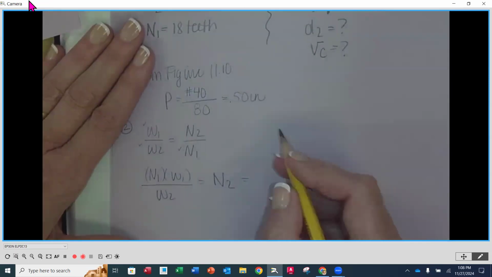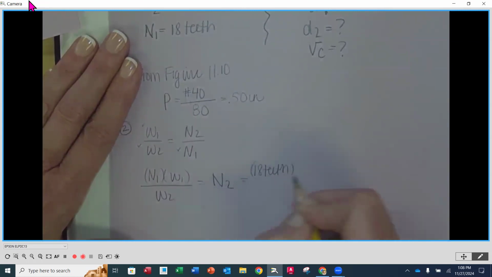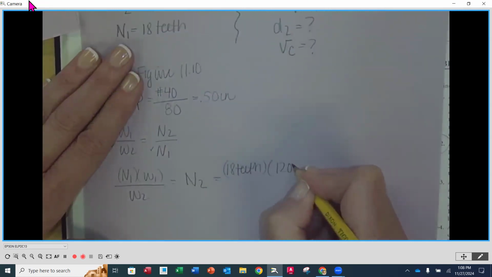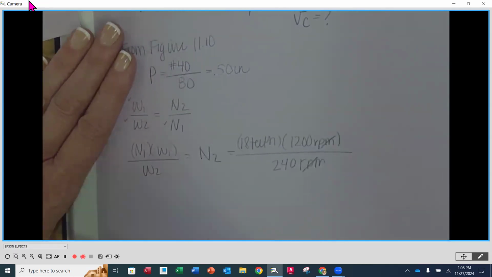So if I put those values in, the number of teeth on N1 is going to be 18 teeth. W1 is 1200 RPMs divided by 240 RPMs. RPMs cancel top to bottom.